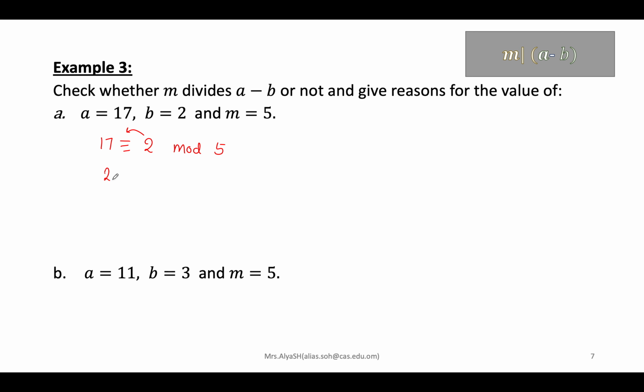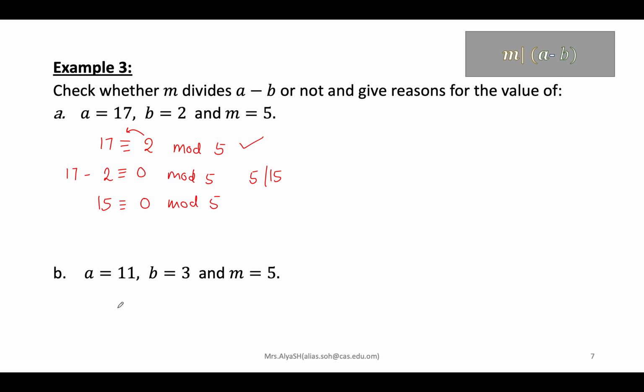So 17 minus 2 is congruent to 0 mod 5, and 17 minus 2 equals 15, congruent to 0 mod 5. And yes, 15 can be divided by 5 with remainder 0. Then yes, 17 is congruent to 2 mod 5.